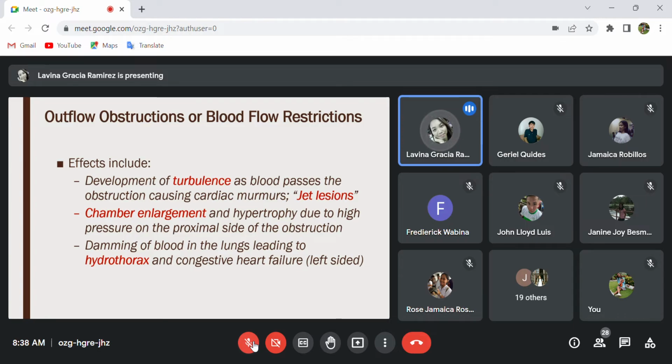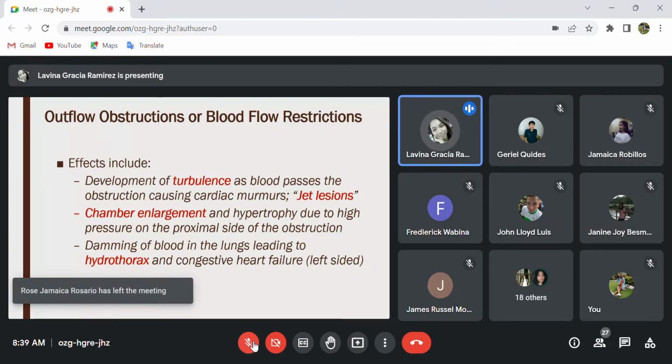Another is damming of blood in the lungs leading to hydrothorax and congestive heart failure, especially on the left side. If you imagine the left side, from the lung to the left side of the heart, that will be oxygenated blood. From the lung, the pulmonary vein, then the atrium, and then of course the left ventricle, and then the aorta.